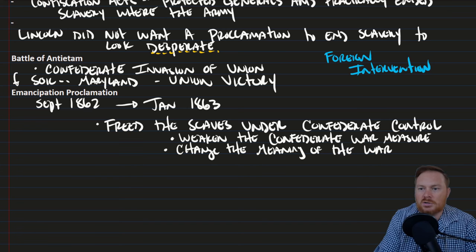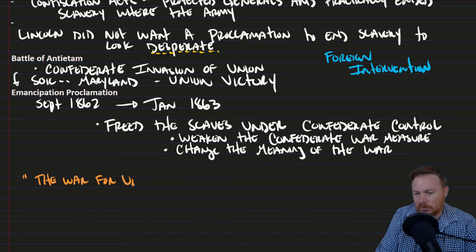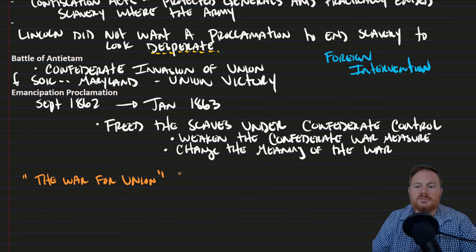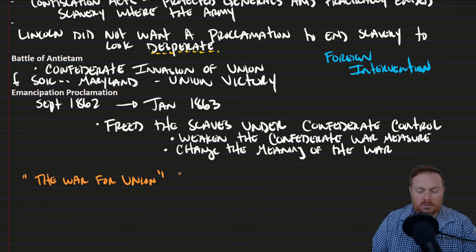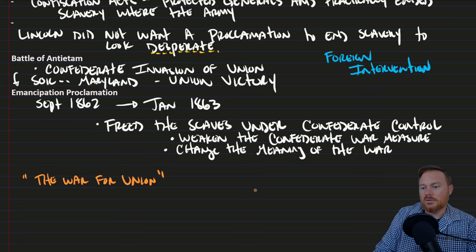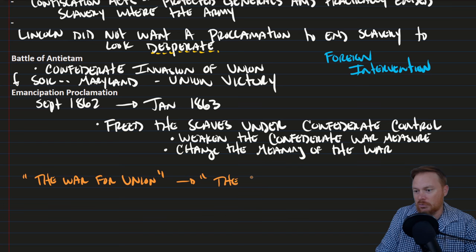So this section here, section 3, is called, quote unquote, the War for Union, meaning at this stage of the war that, arguably this was more about keeping the Union together. But after the Emancipation Proclamation, the next section, in fact, is called the War for Emancipation.